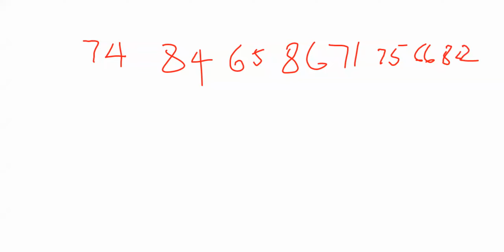It should be on a straight line, though. The first row are 74, 84, 65, 86, 71, 75, 66, 82, 64, 61.